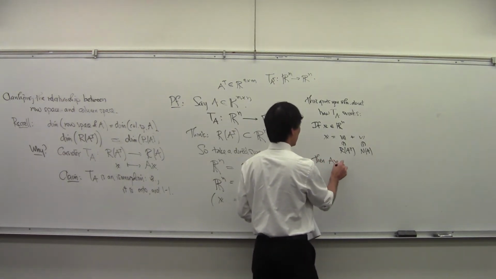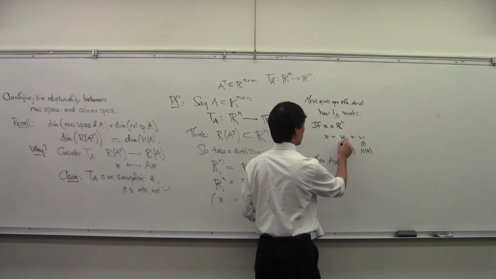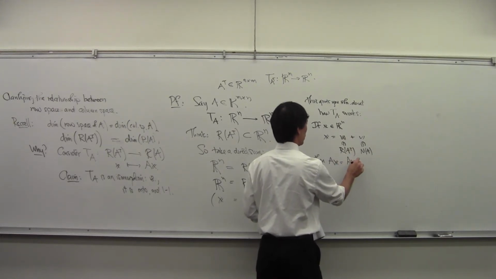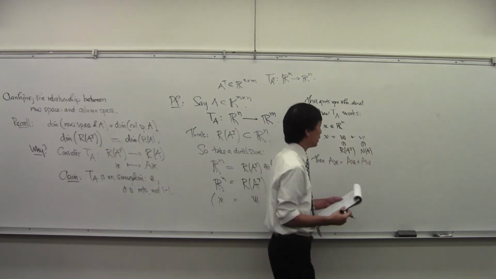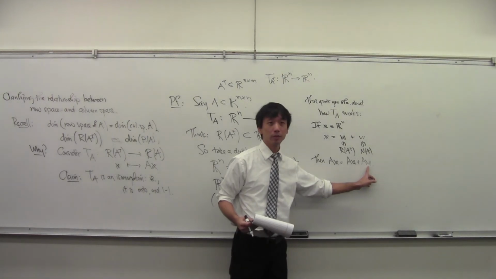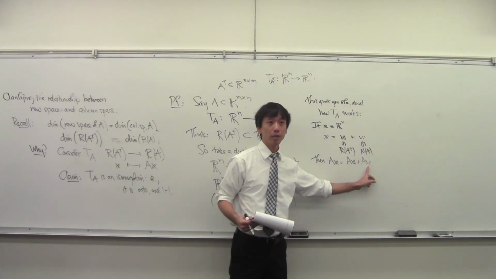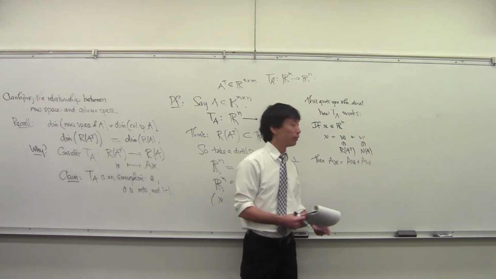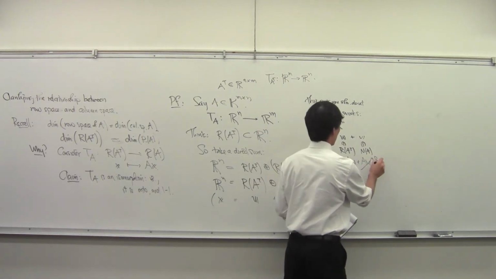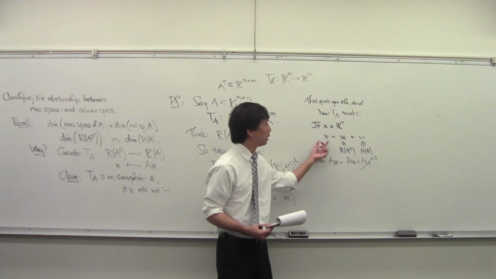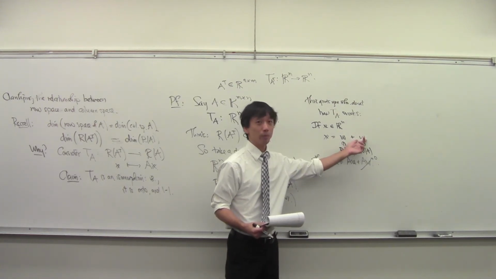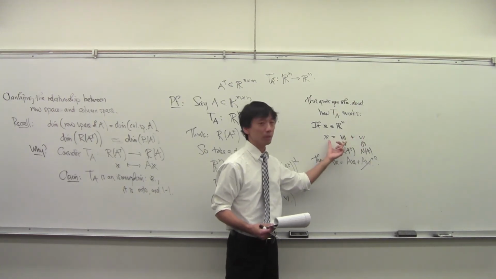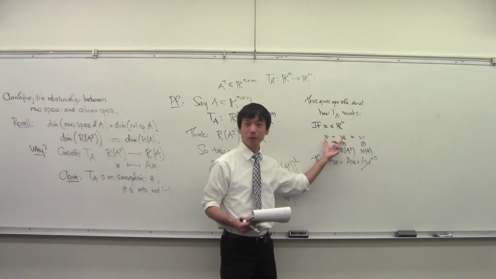But then, when you get acted on by the matrix, what happens? Well, you get AU plus AV. But what's AV? AV is 0. So this gives you an understanding of how the matrix works.